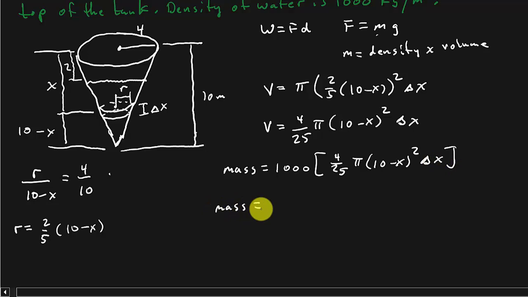And so the mass is equal to 160 pi times 10 minus x squared delta x. Okay, I just multiplied the 4 over 25 times 1,000 gives me 160.